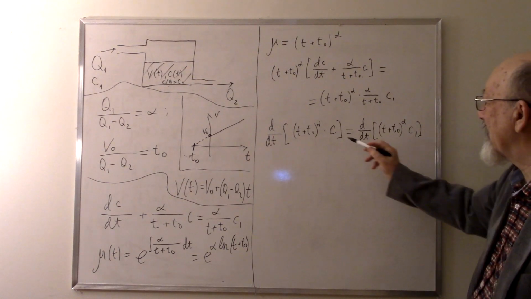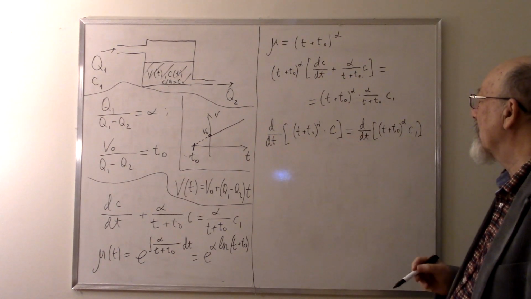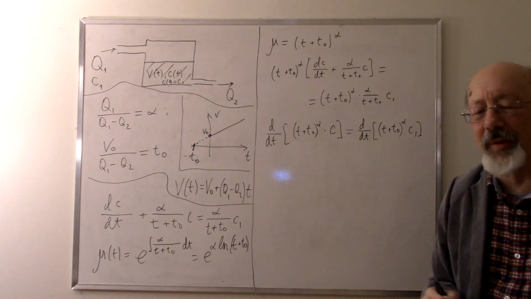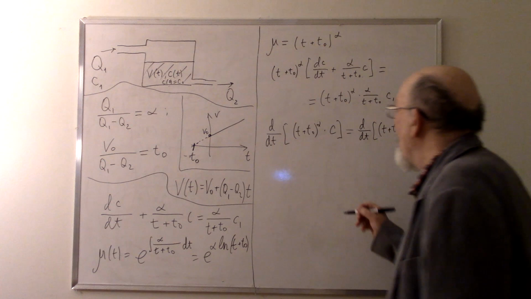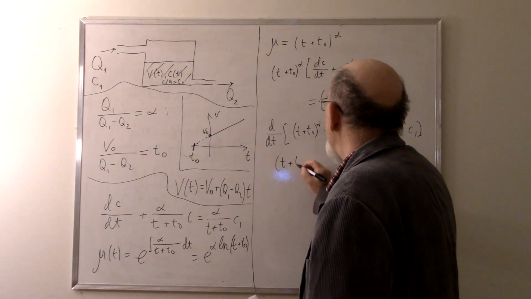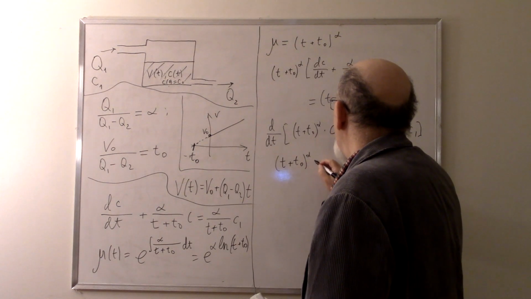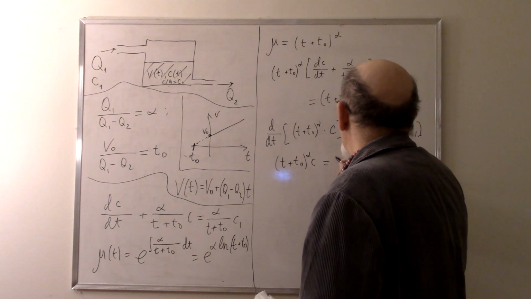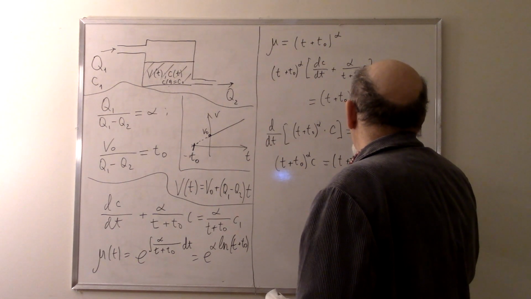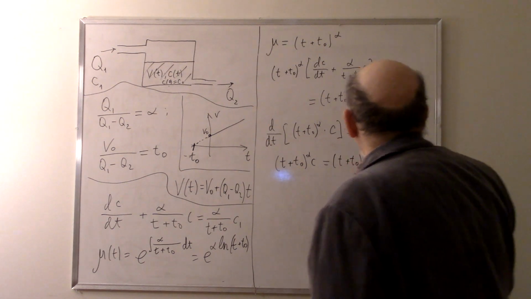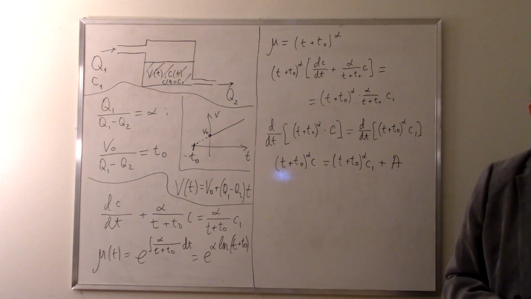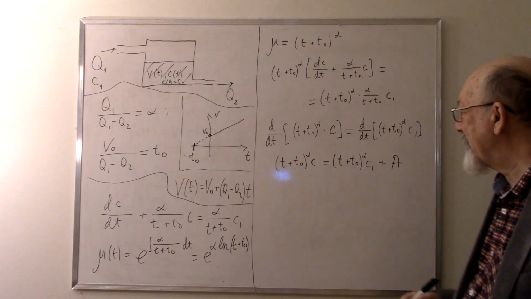The difference is that here c is a variable function, and here c1 is a given constant. From here, (t plus t0) to the power alpha c equals (t plus t0) to the power alpha c1 plus again some constant, and again I denoted it by A simply because c is busy.